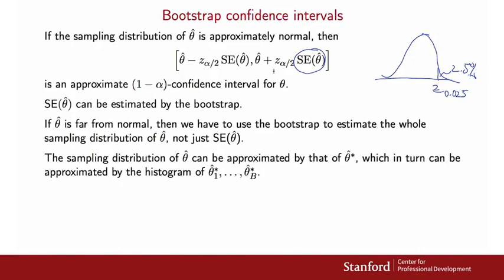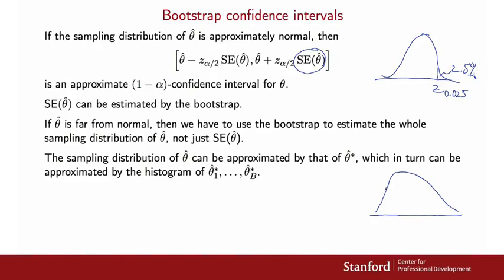The idea is that the sampling distribution of theta hat should be close to that of the bootstrap copies. And the sampling distribution of the bootstrap copies I can get simply by generating many bootstrap copies and making a histogram of those. This histogram may be quite far from normal. For example, it might look skewed like this.